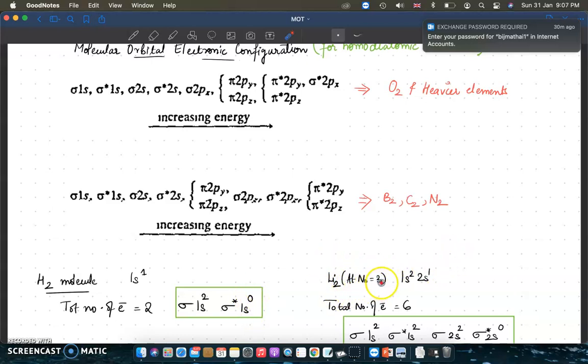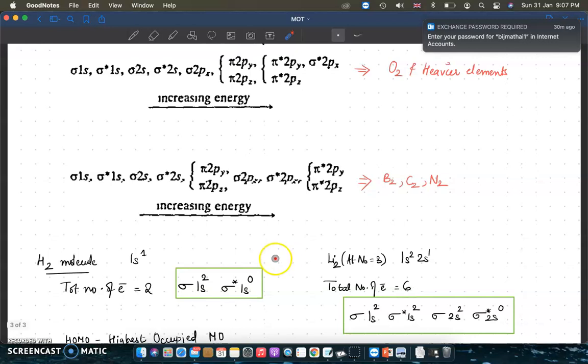Now let's try to write for lithium. Lithium has atomic number 3 and the electronic configuration is 1s2, 2s1. The total number of electrons in this Li2 molecule would be 6. So we write the electronic configuration, starting with sigma 1s2, then sigma star 1s2, which again accommodates 2 electrons.